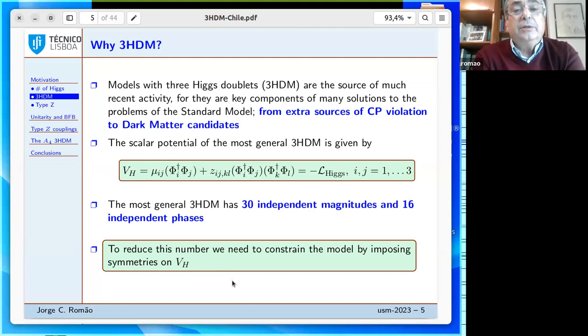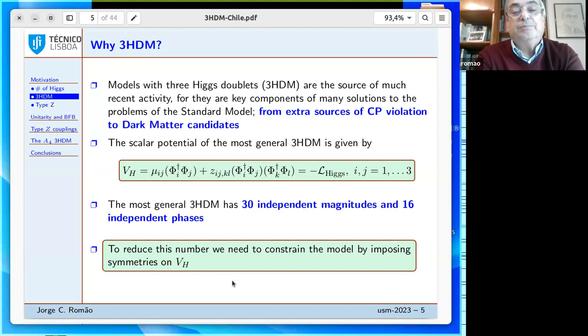The scalar potential for the most general 3HDM can be written in this complicated, or compact, better form. And if you count the independent parameters, you have 46, of which 30 are magnitudes and 16 phases.